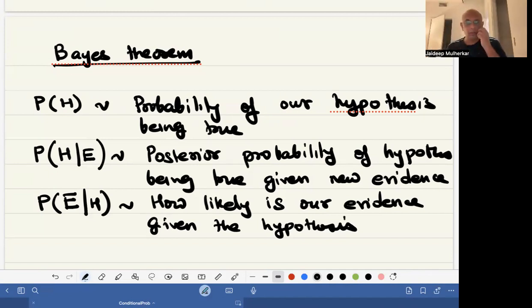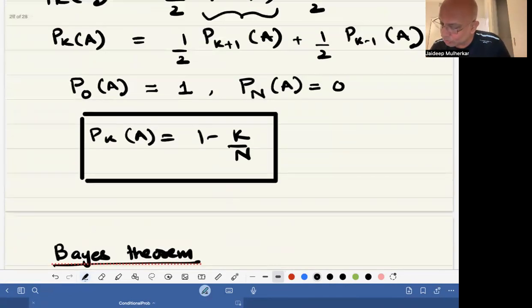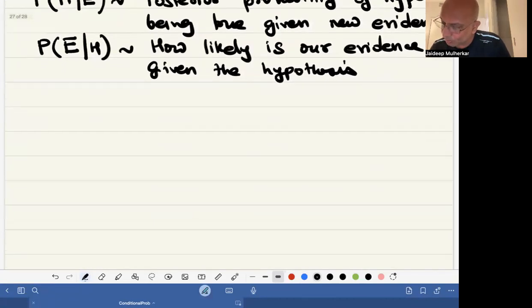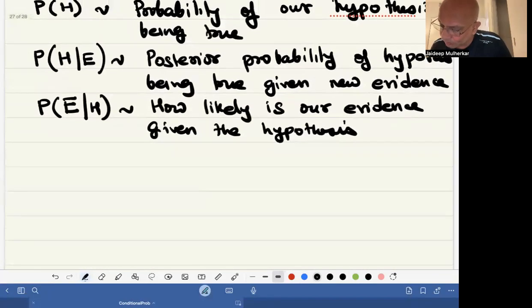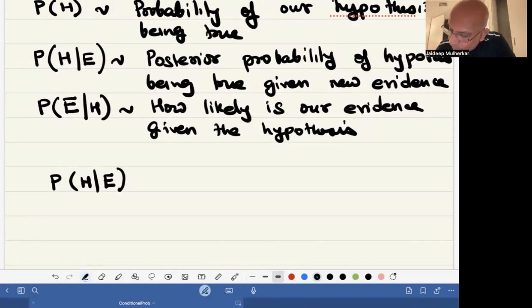Okay, so we have our elements to state Bayes' theorem. So Bayes' theorem says the following. We are interested in the posterior probability because we have some prior belief, or a prior probability distribution, of our hypothesis, and we want to update our belief by new evidence.